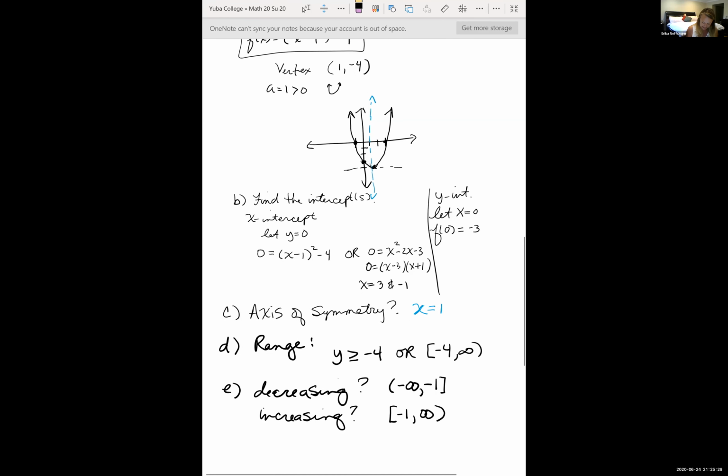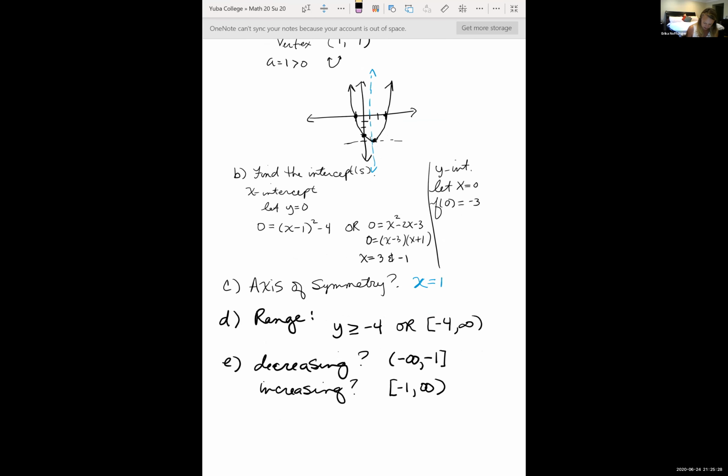What if it said, when is f of x less than 0? Look at the graph. We actually already did a lot of the work. We don't have to go through and use an inequality to solve this.